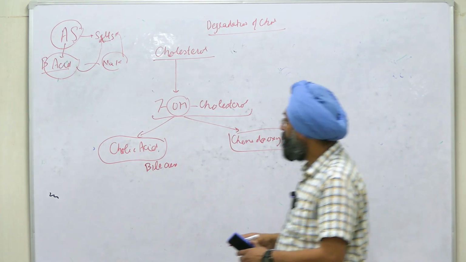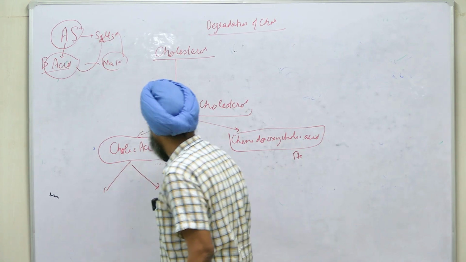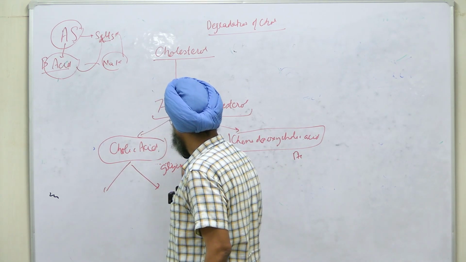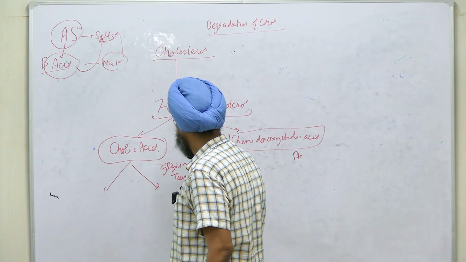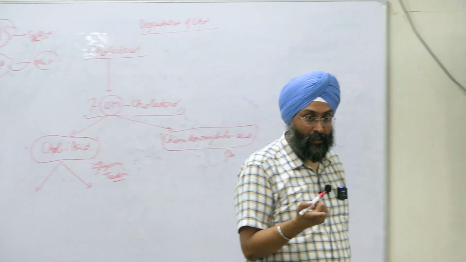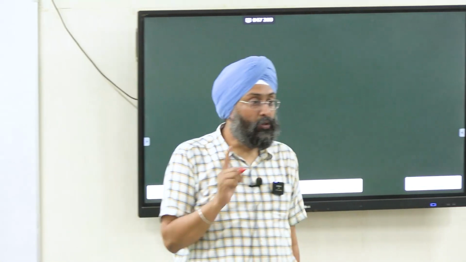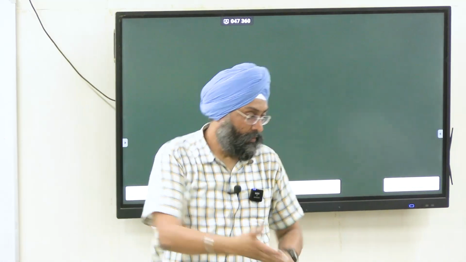And moreover, they are further conjugated with glycine and taurine. We discussed the metabolism of glycine. Hope you remember. And functions included conjugation, right?